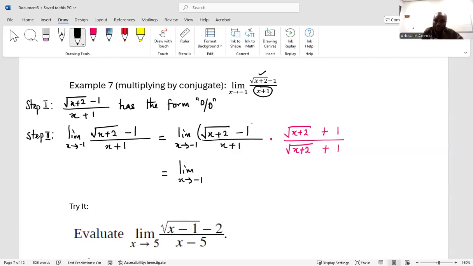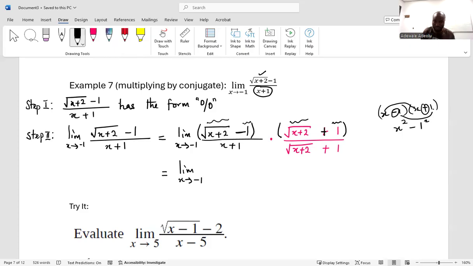Now, I need to multiply this. Remember, from the difference of two squares, x minus 1 times x plus 1 is always x squared minus 1 squared. But that is when the signs are negative and positive and the terms are the same. What I have here is negative, and this is positive.